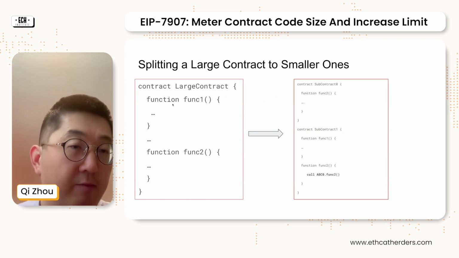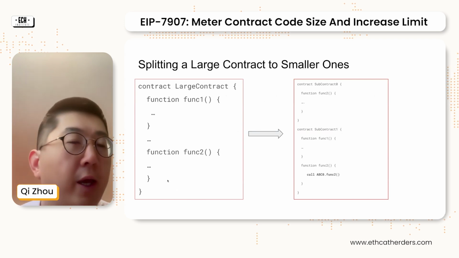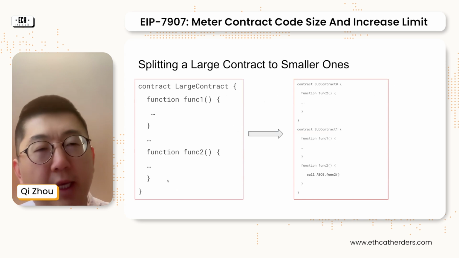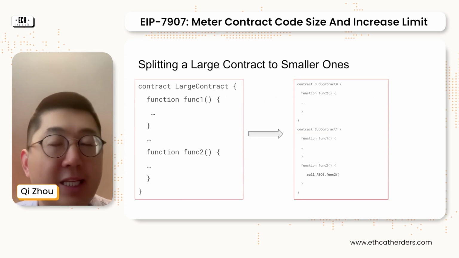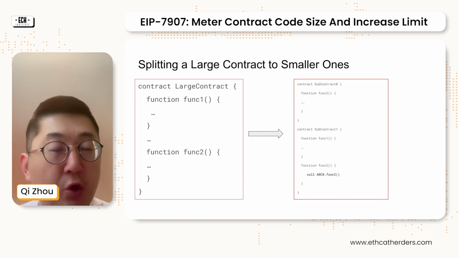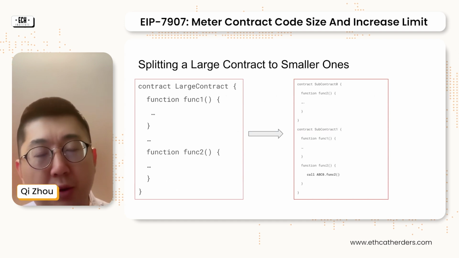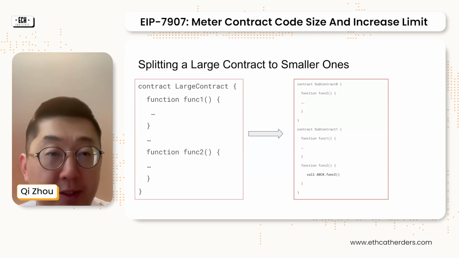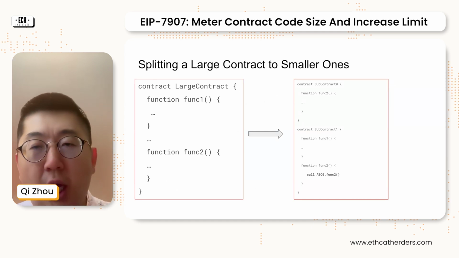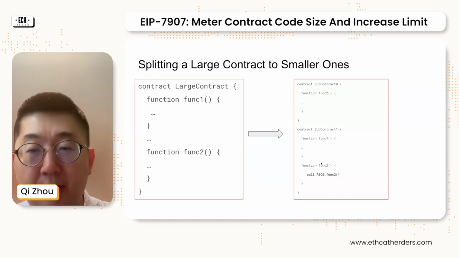Originally we have multiple functions. For example, I can do a swap, I can get liquidity, I can add liquidity, I can get an estimate of the swap ratio, for example, given an input token, what's the number of expected output tokens. Since this contract is too large, we have to split it into multiple subcontracts.